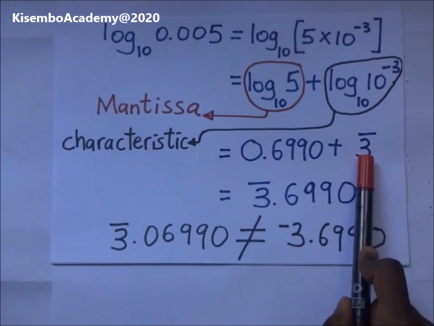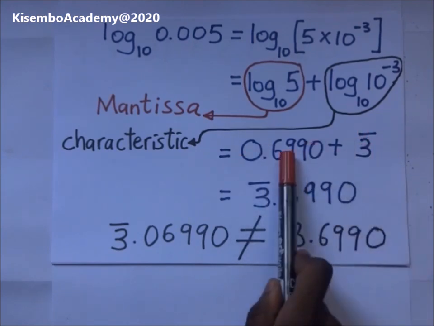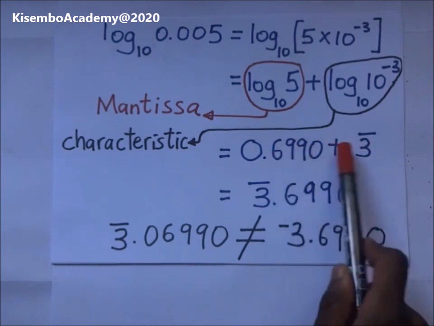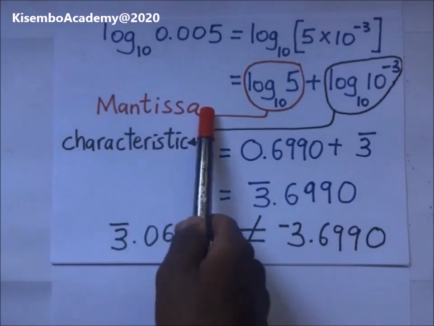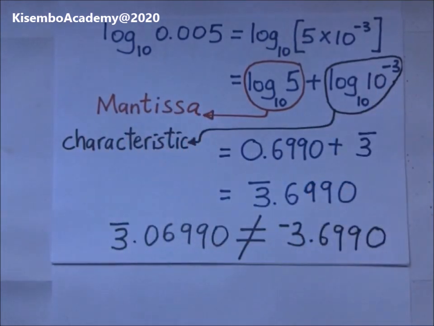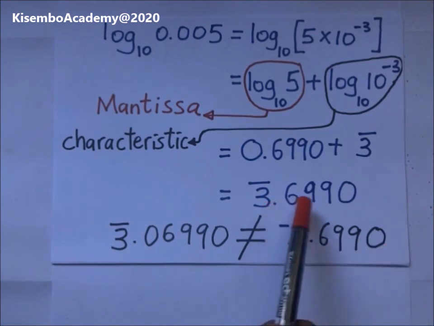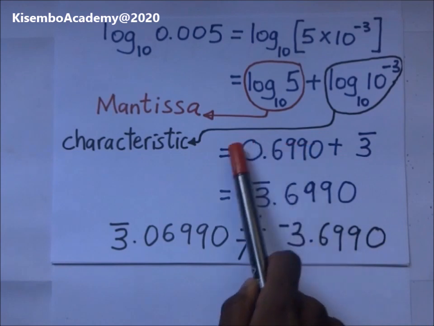But we treat it as 3 bar, not negative 3, because when we add this to that, as far as logs are concerned, we are going to add the mantissa separately, and the characteristic, the negative characteristic, will be added separately. So it means that when we add this and that, it's like we are adding negative 3 plus this.